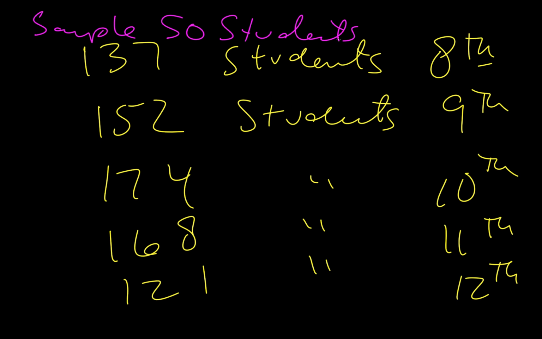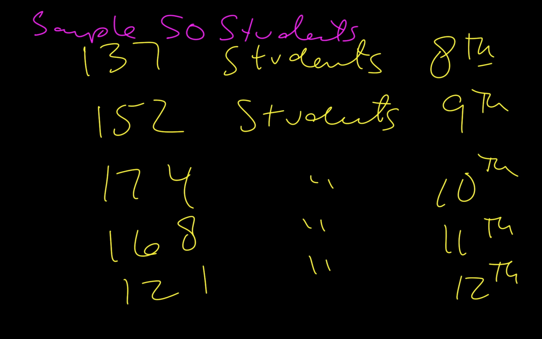To make sure each year level is represented fairly, the number of students sampled from each year level should be proportional to the fraction of the total number of students that year level represents.